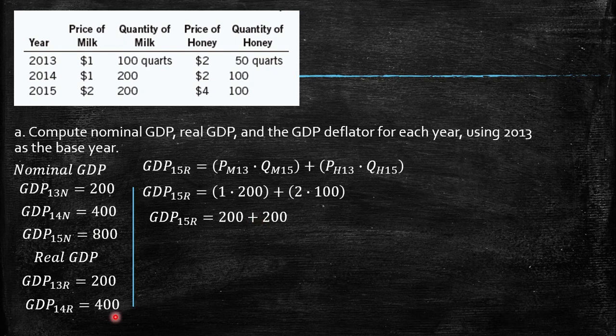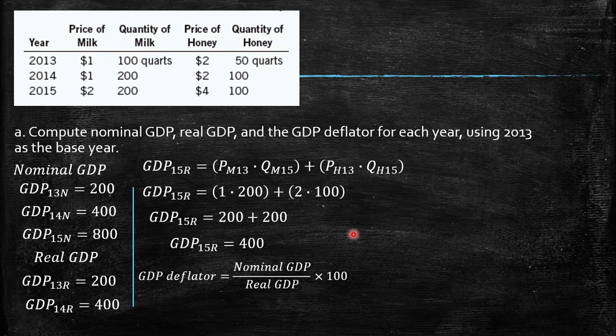So 14 we already did, and for 15 we have prices again from 2013 times the quantities of 2015, and then we end up with 200 plus 200, so we have 400. So then we already have nominal and real, and then we're going to talk about the deflator.